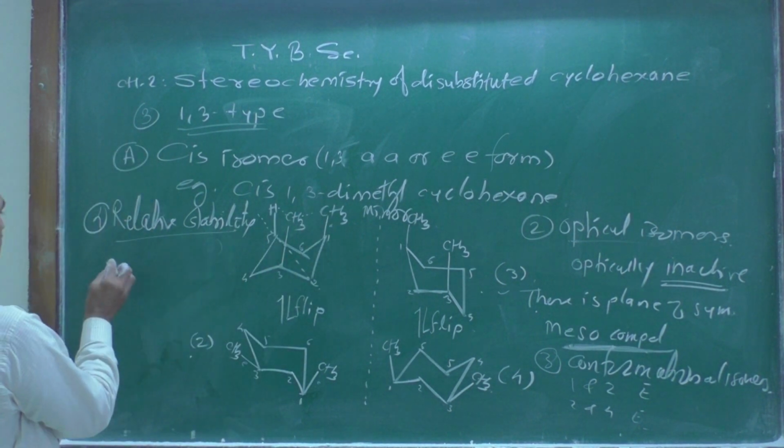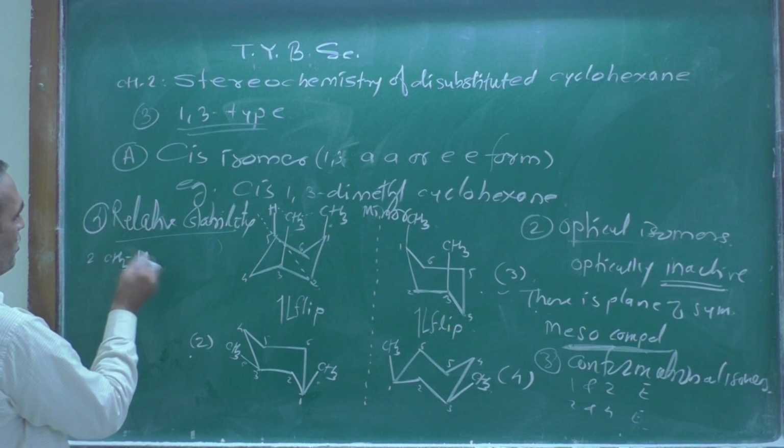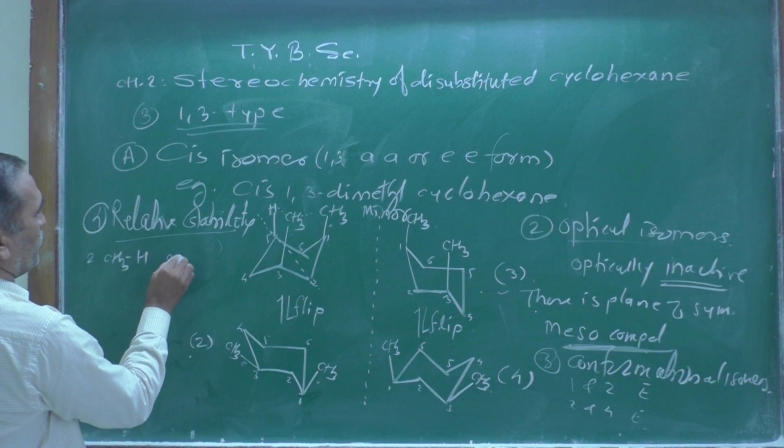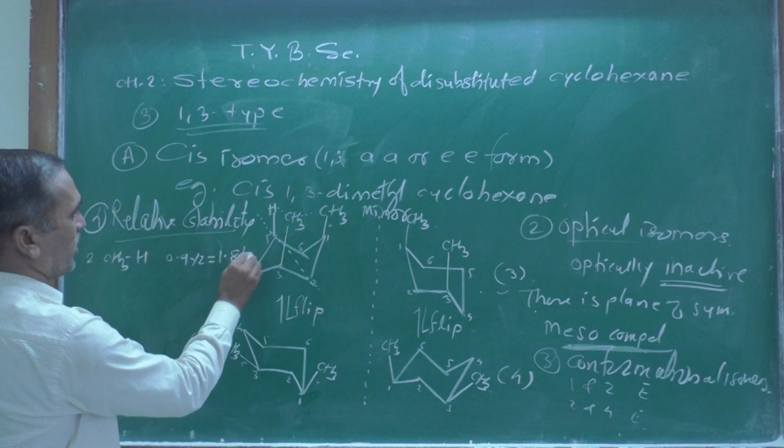What do you see? There are 2 CH3-H interactions. So 0.9 into 2 becomes 1.8 kilocalorie per mole.